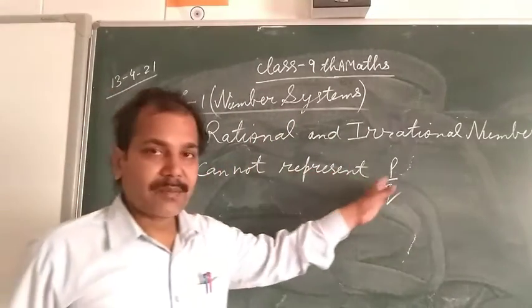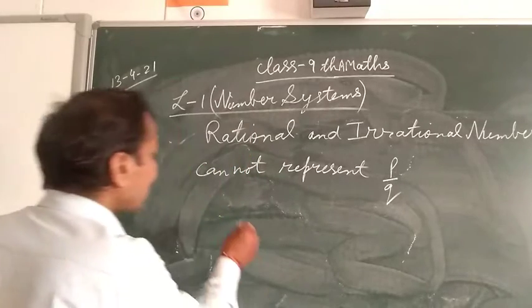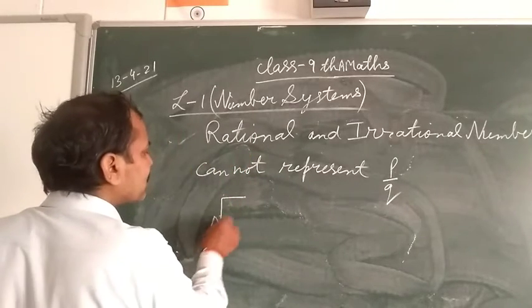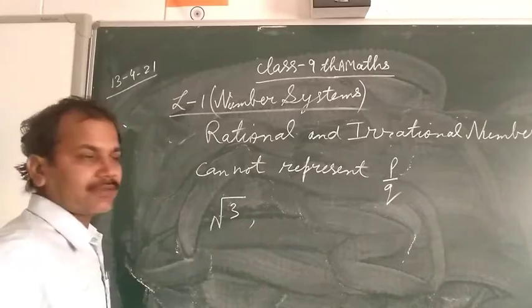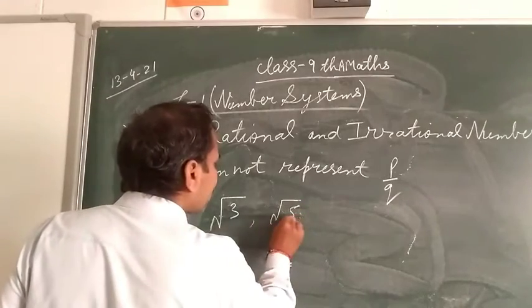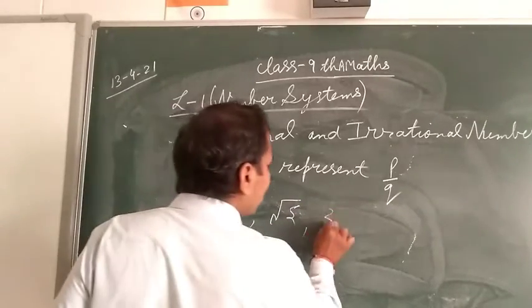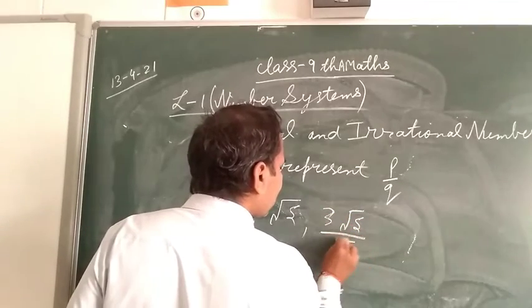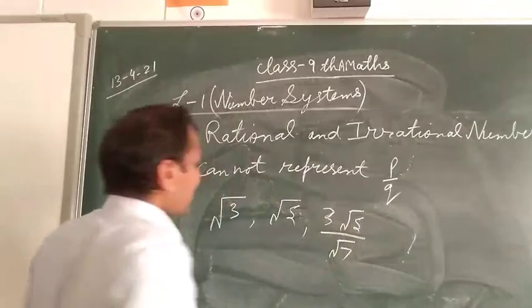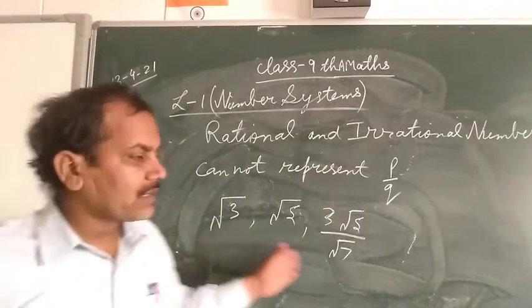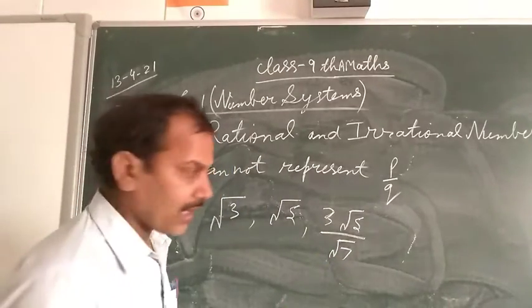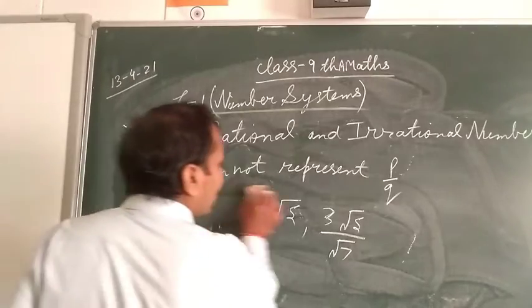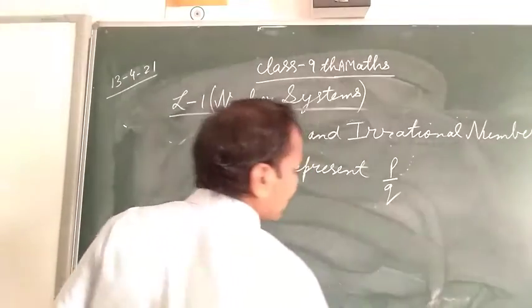Some irrational numbers are like under root 3, under root 5, 3 under root 5 upon under root 7. These are irrational numbers. And how to represent them on the number line?